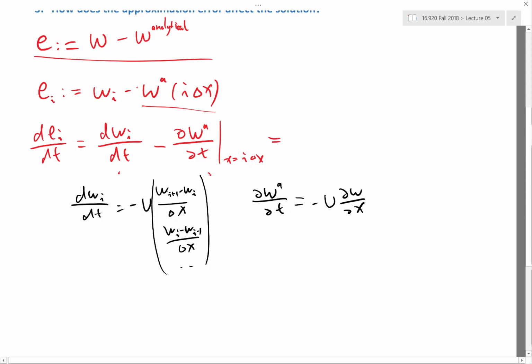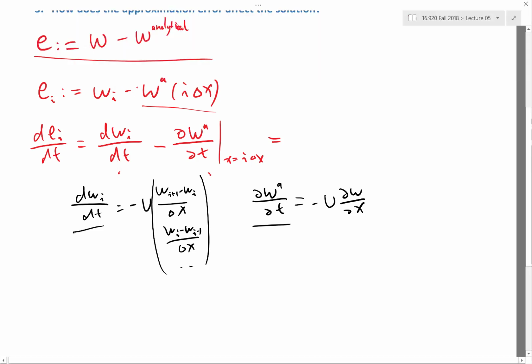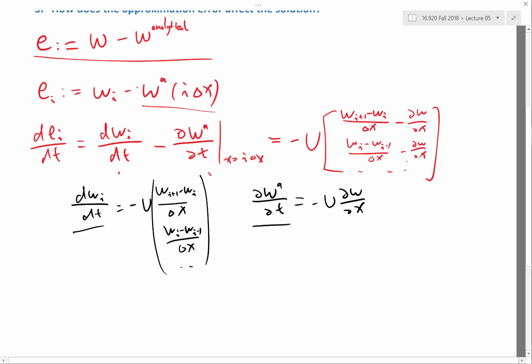So if I plug both of these into the error equation we are deriving, what we get is minus u pulled out of either the forward difference W_{i+1} minus W_i over delta x minus the derivative, or the backward difference. All of these are basically the truncation error, so what I write is u times tau.